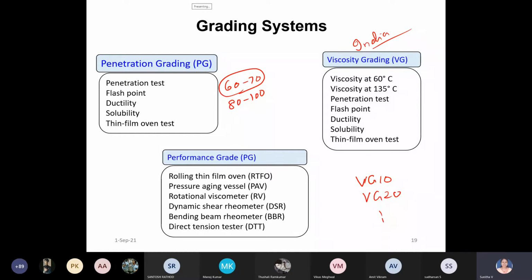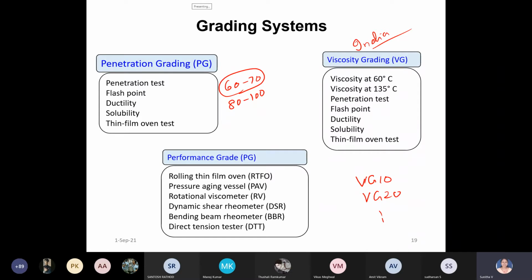For that you have to use the bending beam rheometer or direct tension tester, as if you're casting a small beam, like testing a concrete beam. Similarly, you have to do this bending beam rheometer test for this bituminous material, or the direct tension test.